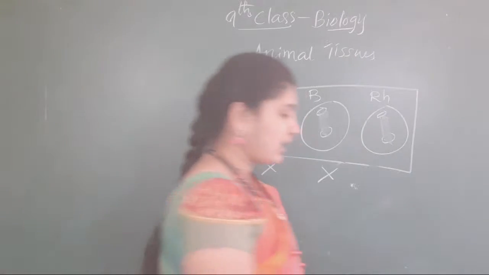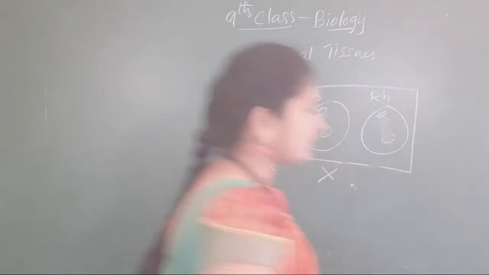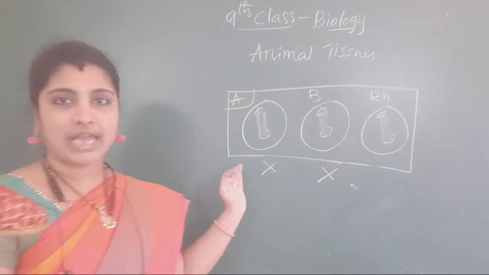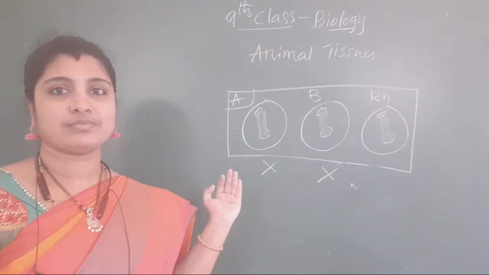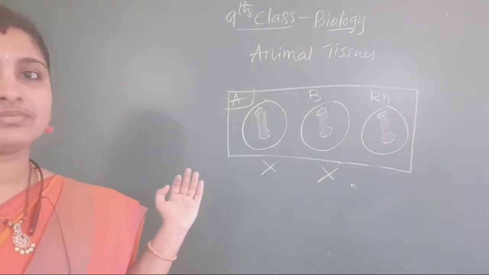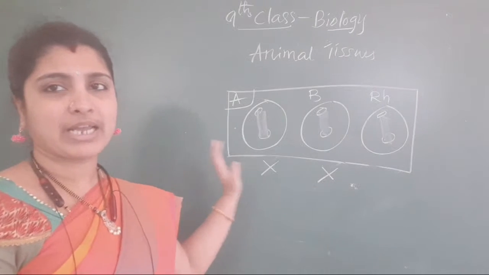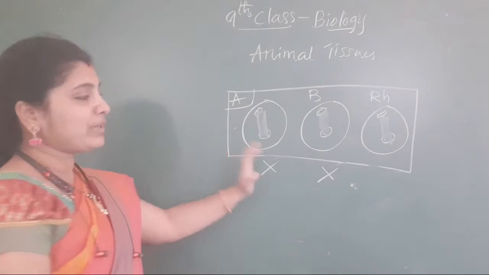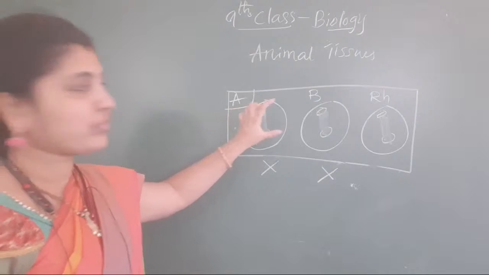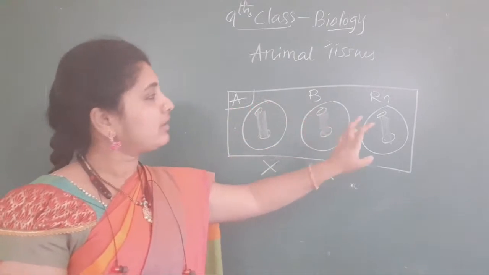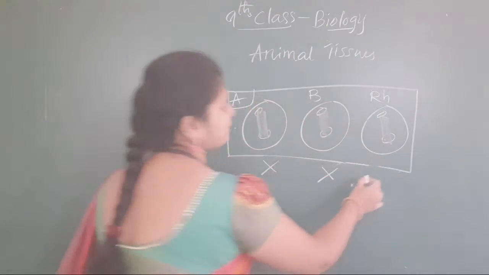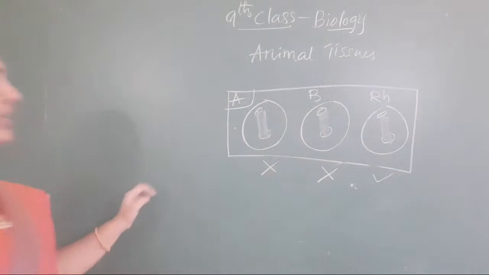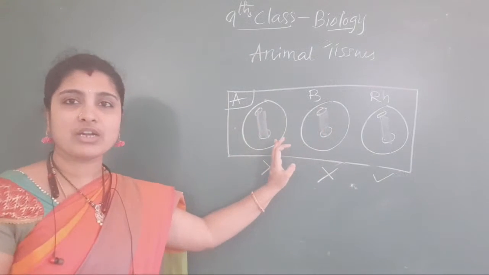But why? I am explaining for you. There is no explanation present, but I am explaining for you. O means what? No clumps with A, no clumps with B. If positive, that means the Rh factor, it is okay. But here no clumps means what?